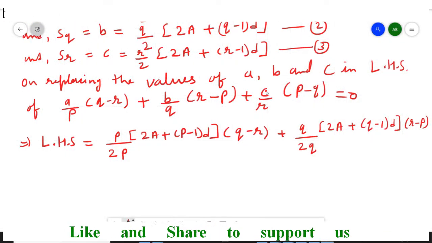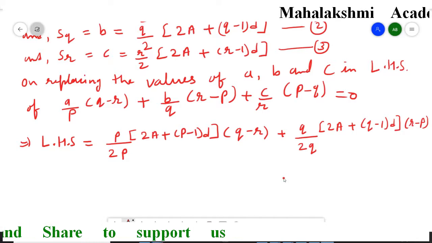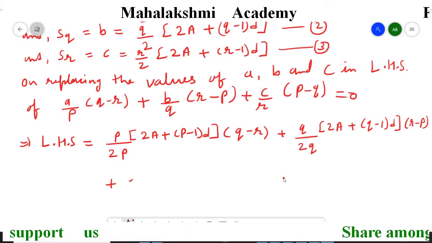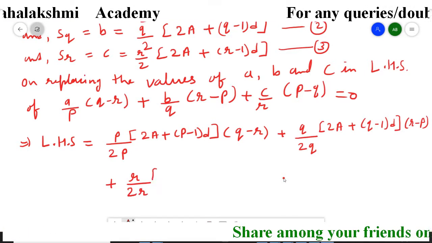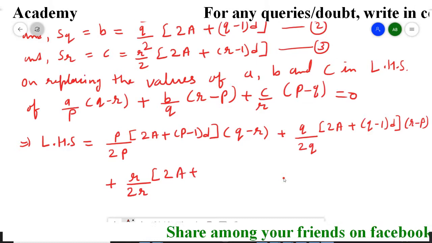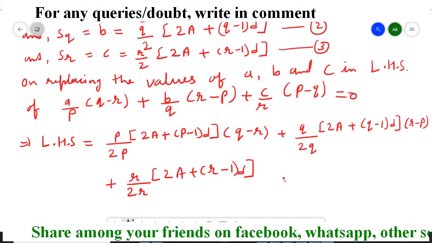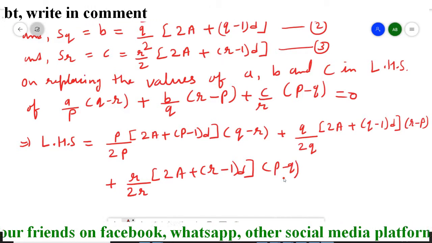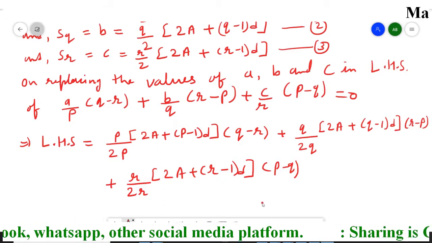So now here instead of C we have to replace its value, so we'll write here plus C's value is R upon 2, the denominator R as it is, and big bracket 2A plus R minus 1 D and then the small bracket P minus Q. So this is the left hand side and we have to prove that after solving it, it's going to be 0.